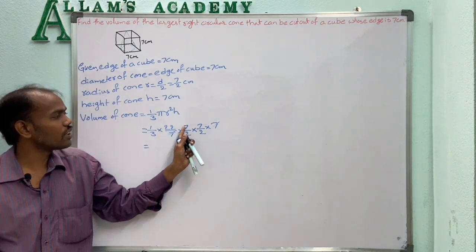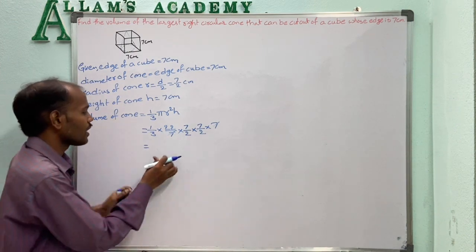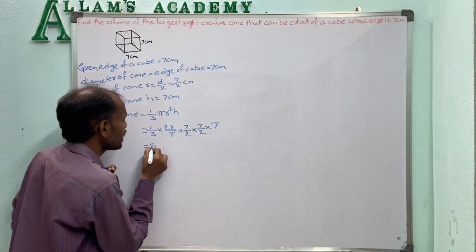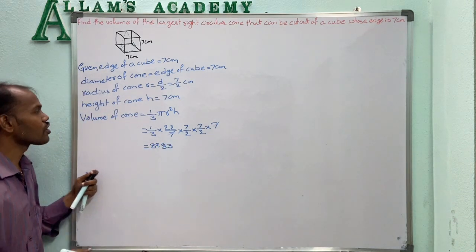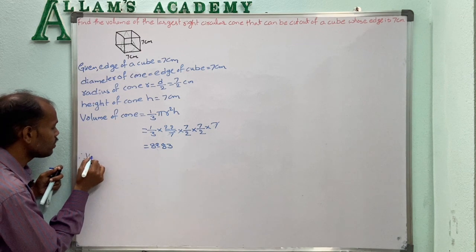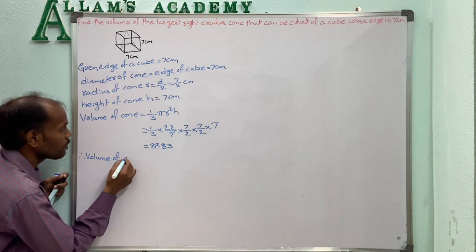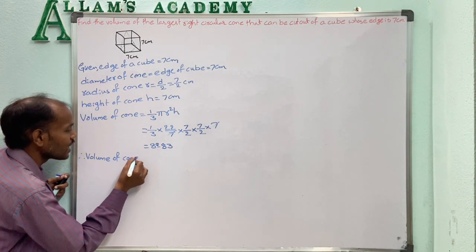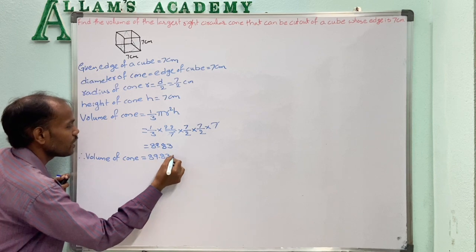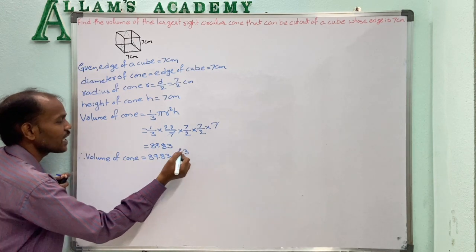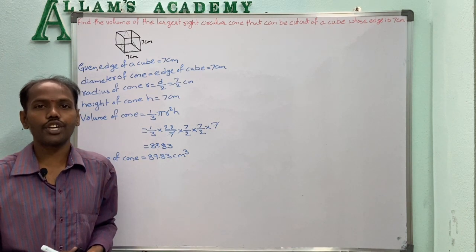So 22 into 7 into 7 by 3 into 2 into 2, that is nothing but 89.83. So therefore the volume of the right circular cone that will fit with the edge of the cube of 7 centimeter is 89.83 centimeter cube.